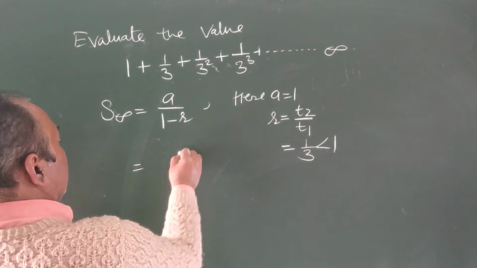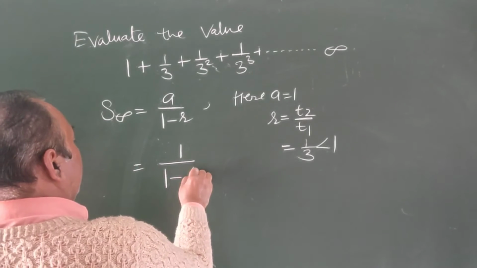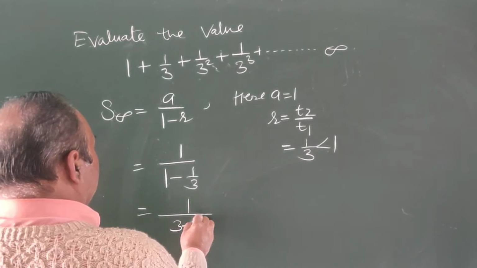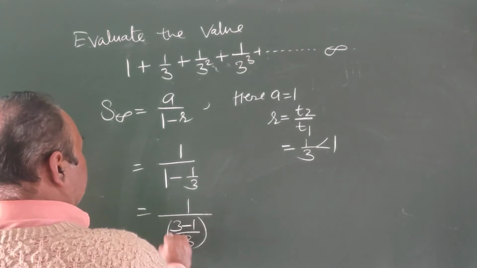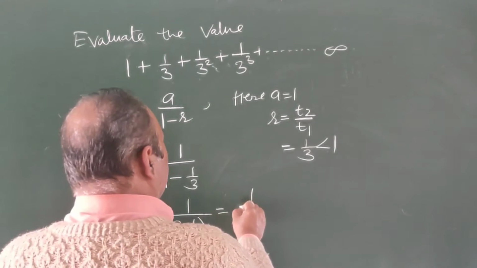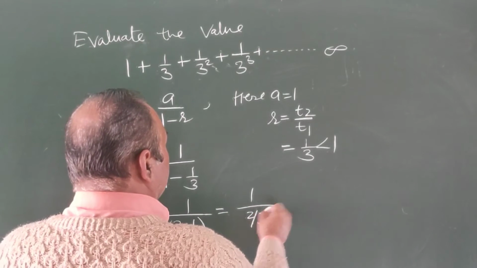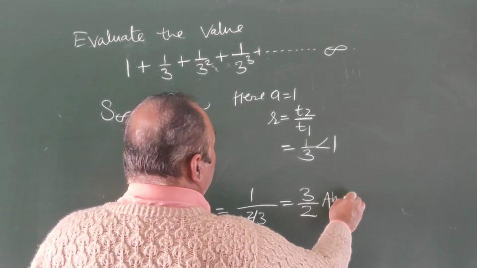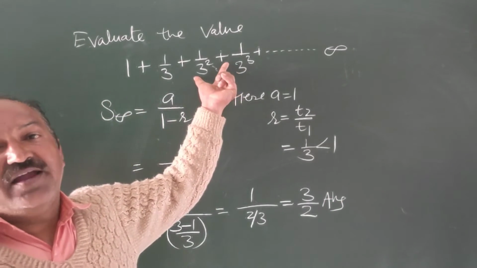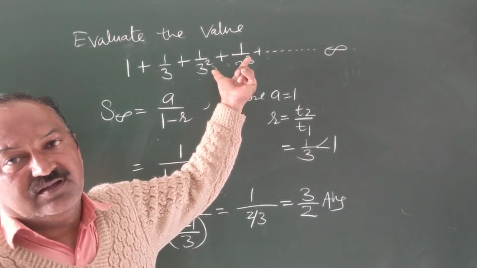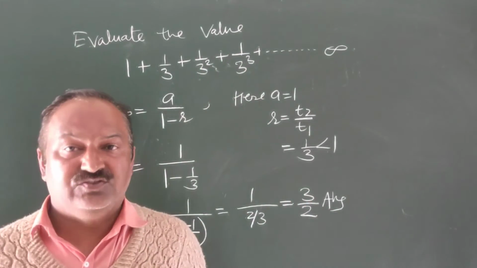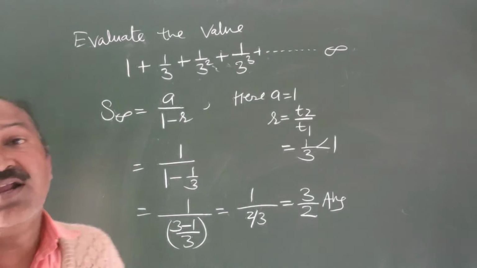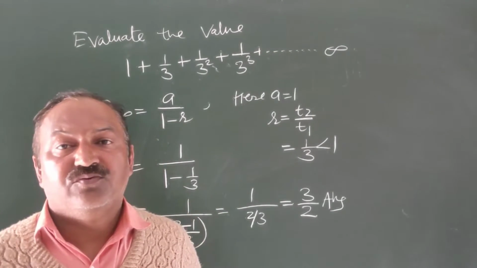So therefore it becomes 1/(1 - 1/3), that is 1/(3/3 - 1/3), that is equal to 1/(2/3), which is equal to 3/2. So this is the answer of this infinite series. Its value will be equal to 3/2. So this is a very important question from a competition point of view.